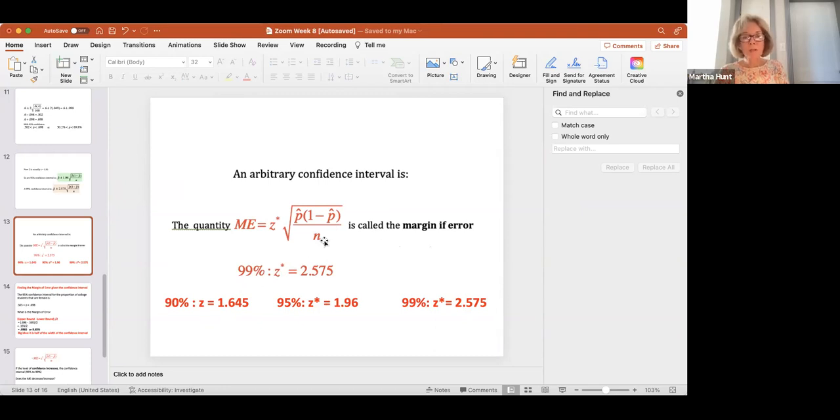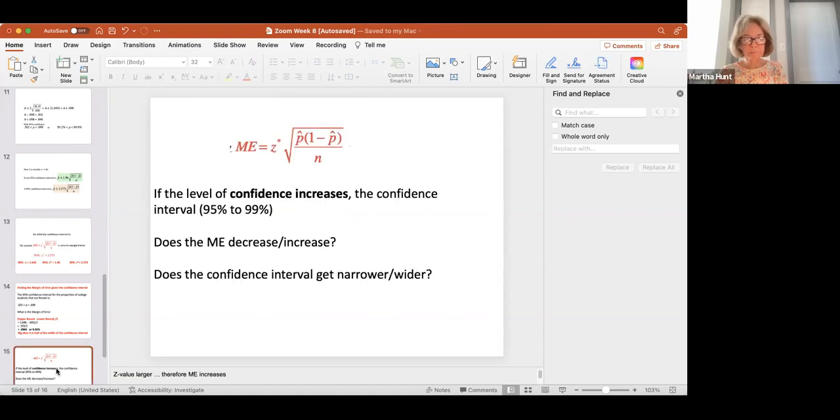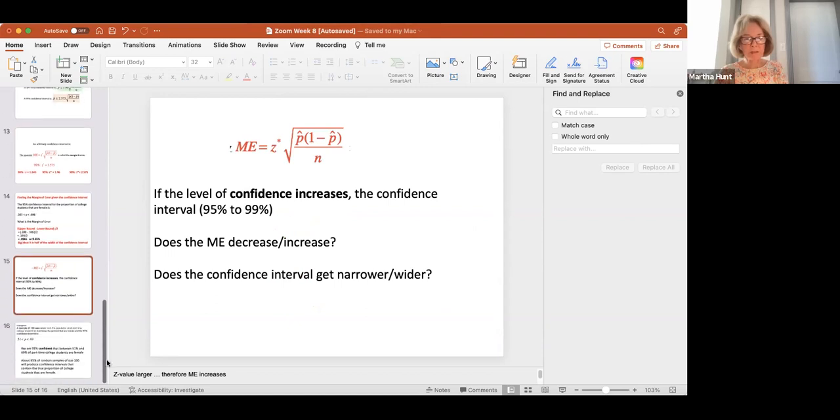Or you can increase the sample size. A big number in the denominator makes all of this smaller. So there are two ways to manipulate the margin of error: reduce your confidence, or increase your sample size. I've just answered that question.